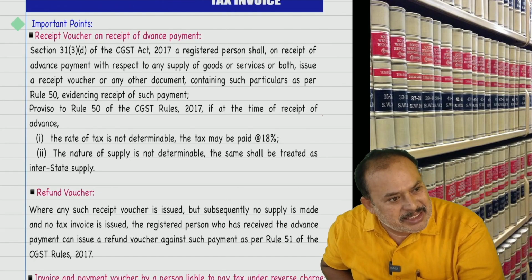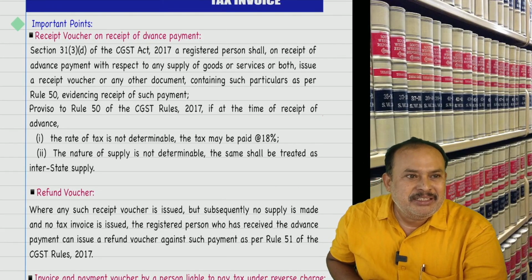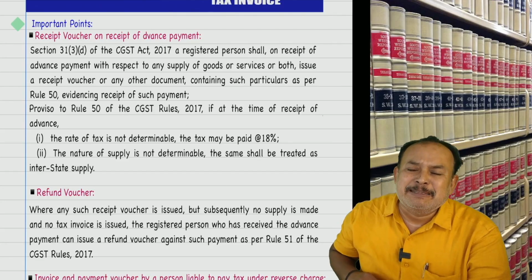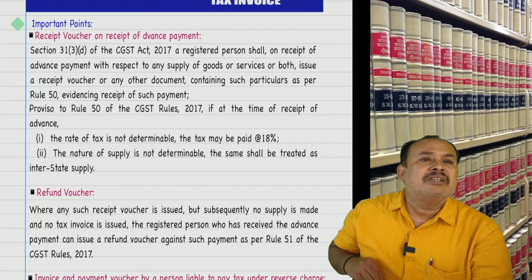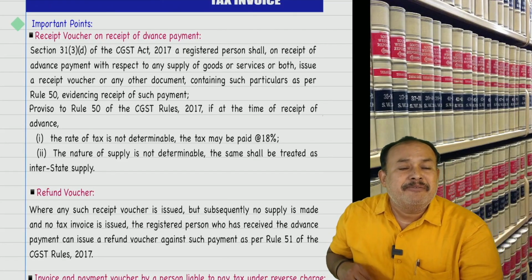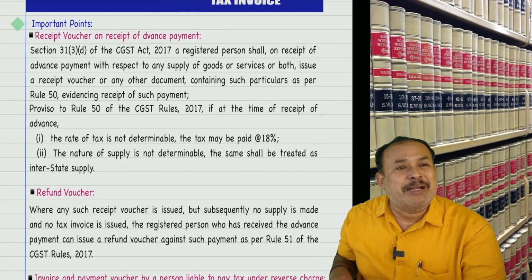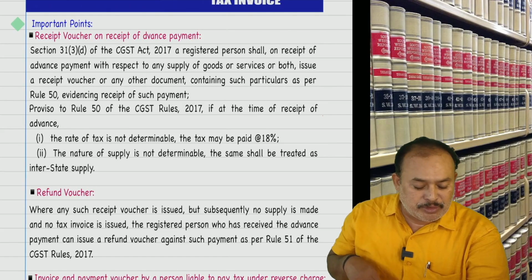For receipt in advance, receipt voucher. When the payment is in advance, the taxpayer should issue a receipt voucher. When it is cancelled before supply takes place, the taxpayer should issue a refund voucher.